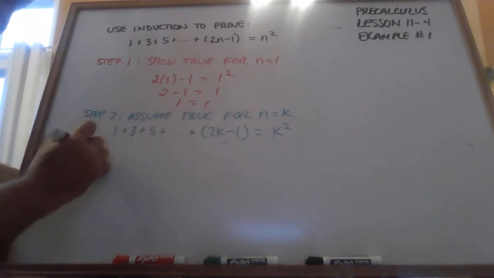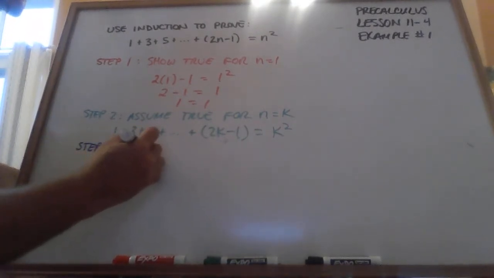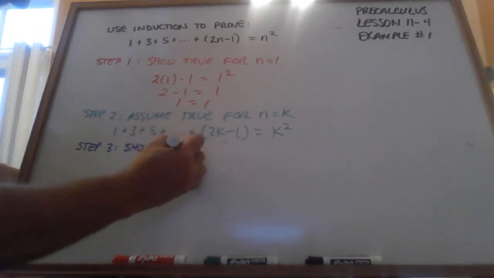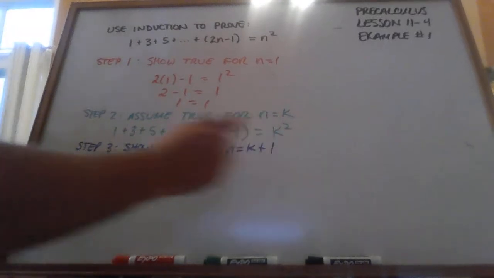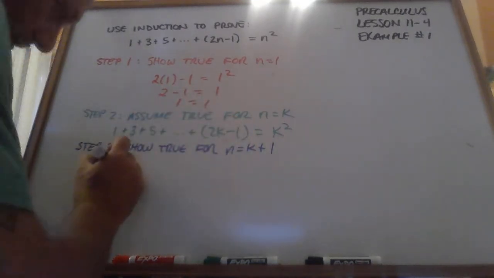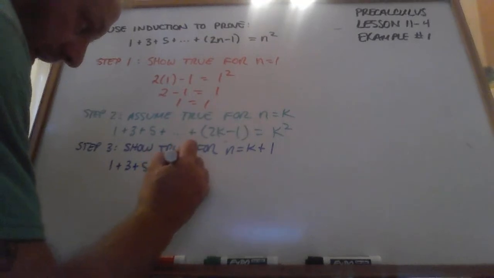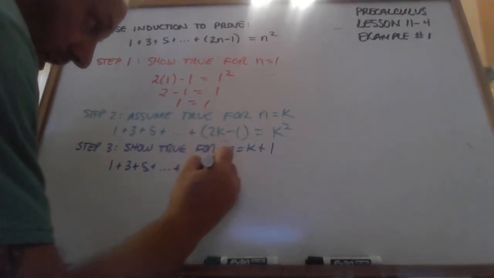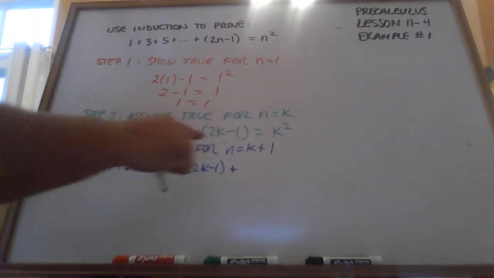Step 3. Show true for n equals k plus 1. Okay, so here we go. We're going to take this part right here, 1 plus 3 plus 5 plus ... plus 2k minus 1. And we're going to add the next term, because this is the kth term.